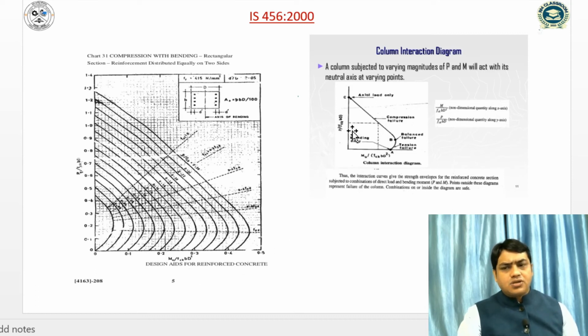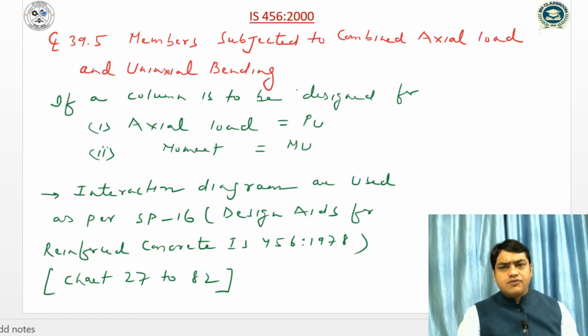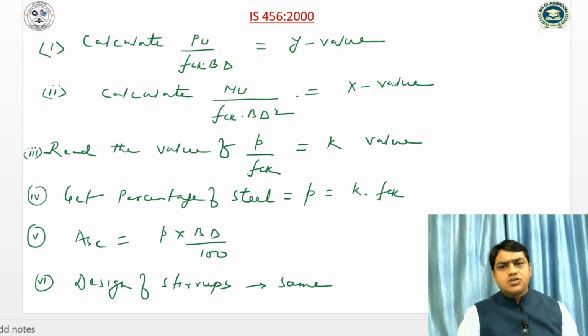It is a graphical representation between PU by FCK BD and the x-axis MU by FCK BD squared. And there are three zones. When the member is subjected to combined axial load and uniaxial bending, firstly we have to compute the y value, that is PU by FCK BD, and calculate the x value, that is MU by FCK BD square, and read the value of P by FCK, the percentage of reinforcement divided by FCK.